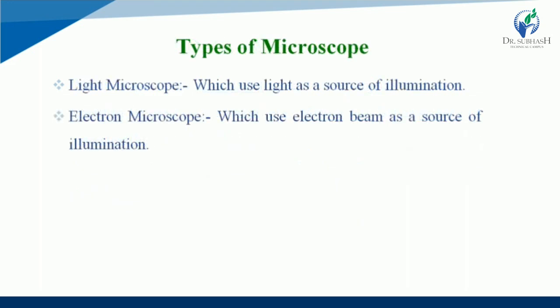Second one is types of microscope. Mainly two types of microscope are present. First one is light microscope, which uses light as a source of illumination.